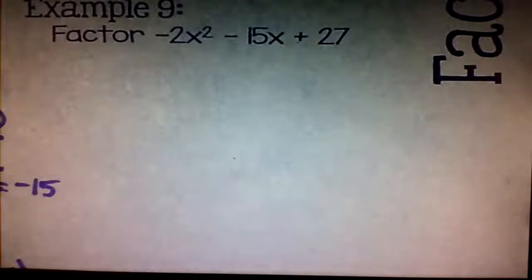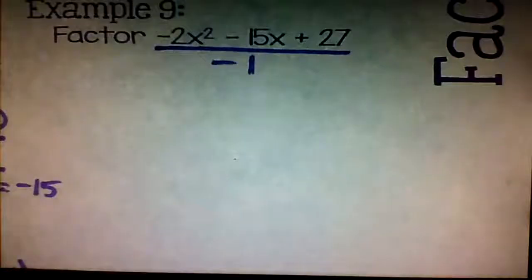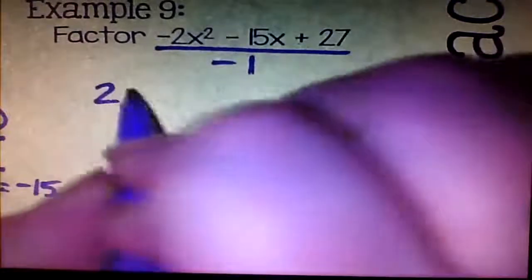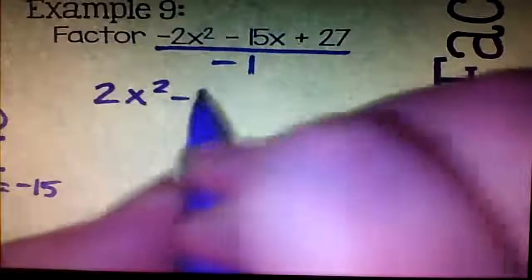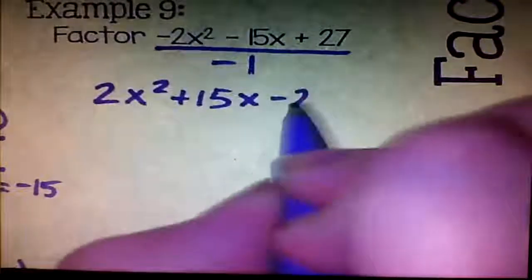We really do not want an a value that is negative to factor. So while there is no technical greatest common factor, let's go ahead and divide out a -1, so it changes my a value to a positive. So now I'm 2x squared plus 15x minus 27.